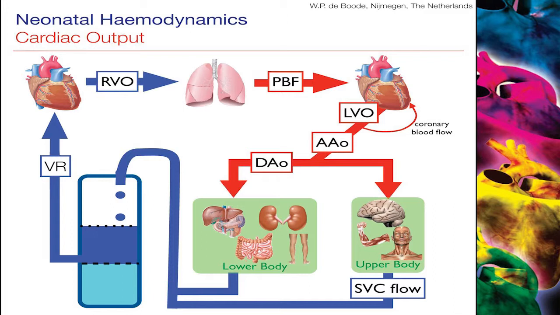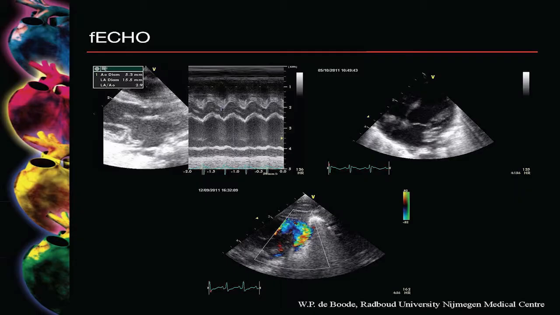Is there an atrial shunt? Is there a ductal shunt? That is why I think you should have functional echocardiography. It's necessary whatever technology you use for cardiac output measurement.